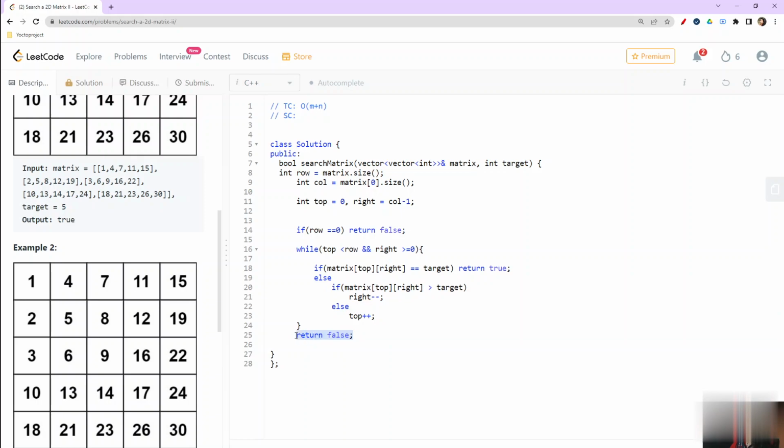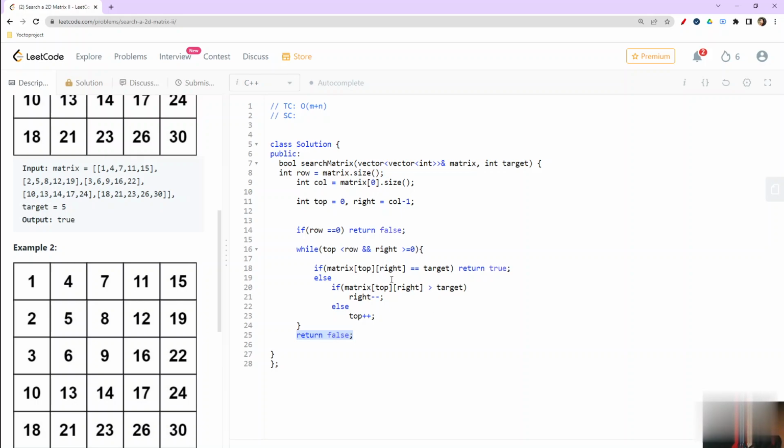Then at the end we'll return false, and we'll return false in the scenario when the while loop is not able to reach that particular point. Basically it is not able to figure out that the target is there. Then at the end we will be returning false, because surely then there won't be that element. So this is all about this particular question.